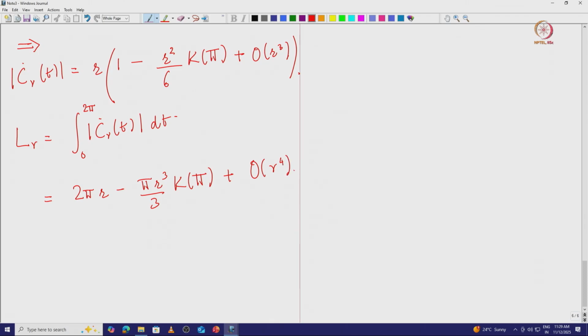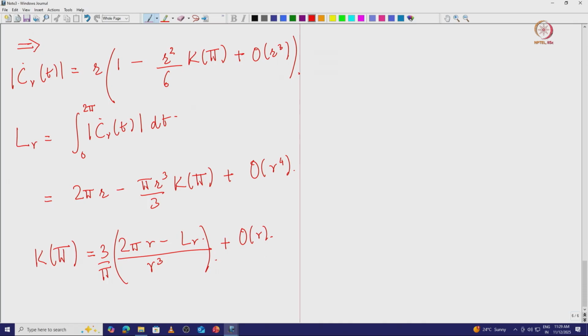Okay. So from this, now just solving for k of pi, k of pi is basically 2 pi r minus L of r, divided by r cube plus something that depends on r, and there is this factor of 3 by pi.